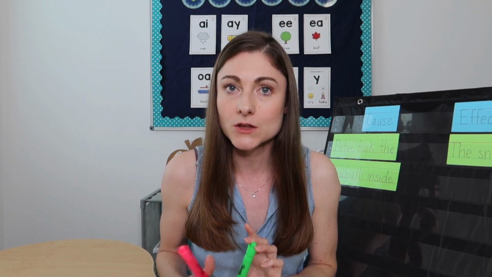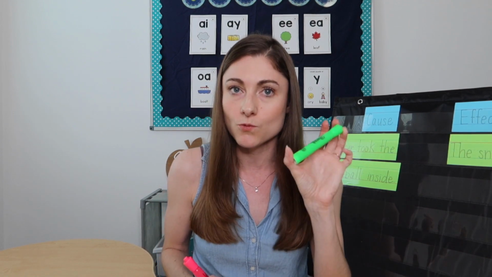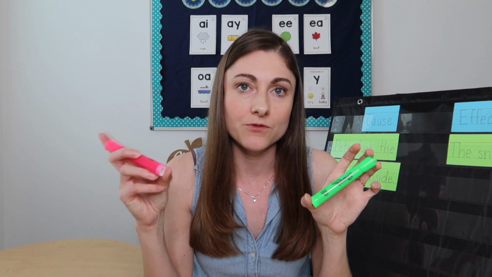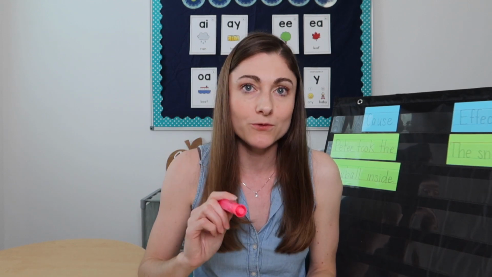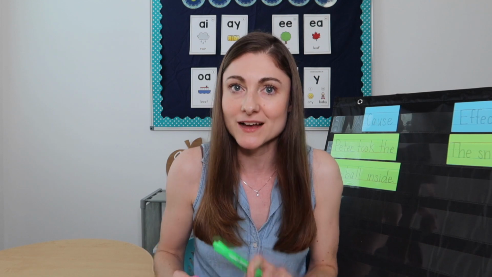And they take 2 different colors and they highlight the cause or causes in one color, and then they highlight the effects in another. And again, I feel that it's a little bit easier for them to start with the effect. So you might want to have them look first, okay, let's find these effects and then let's go back and look at what the cause is.